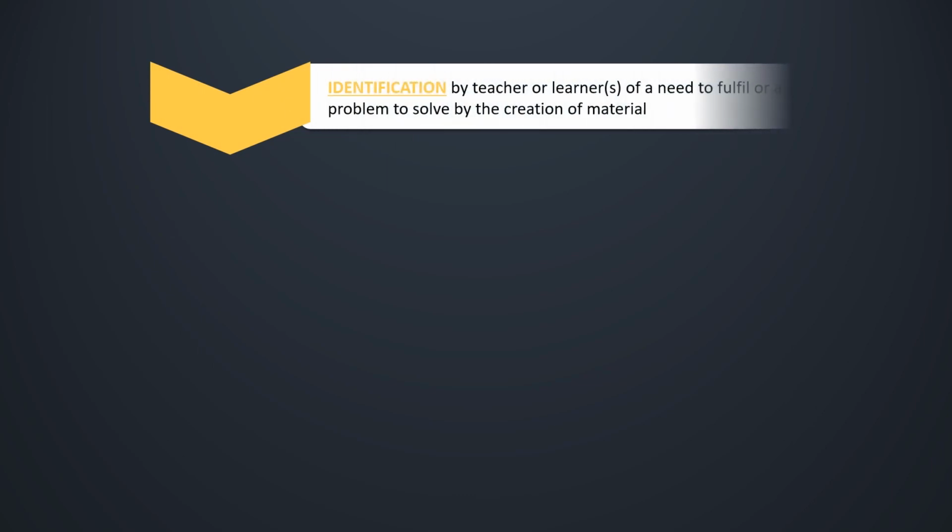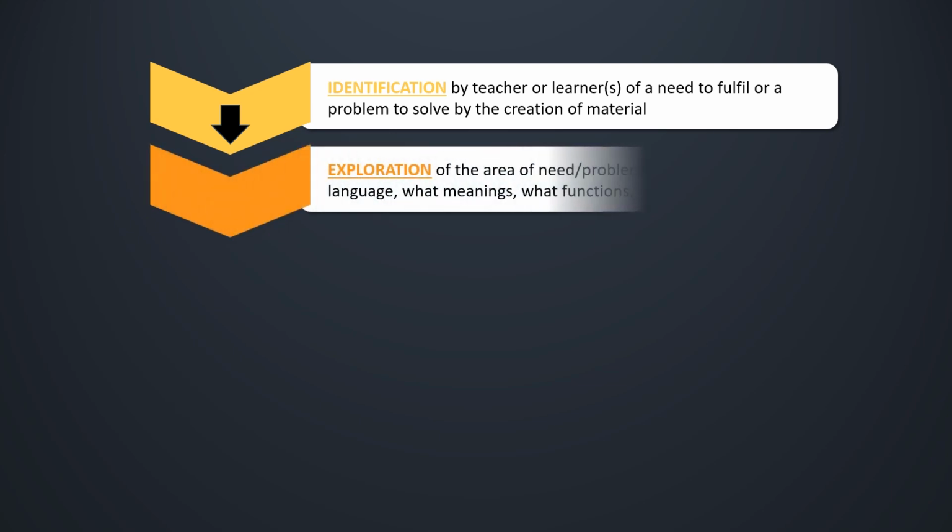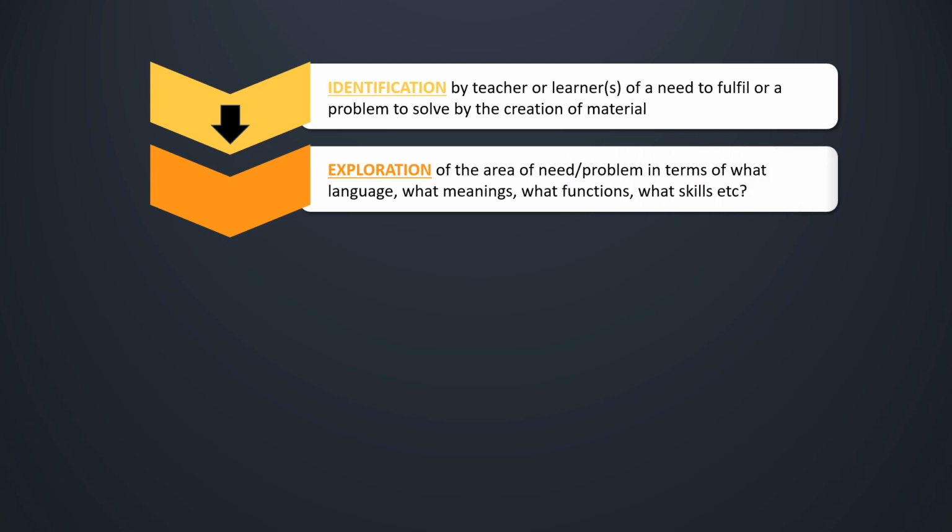First is the identification by the teacher or the learners of a need to fulfill or a problem to solve by the creation of material. Second is the exploration of the area of the problem, the area of the need, of what language, what meanings, what function, what skills, etc. are to be taught.